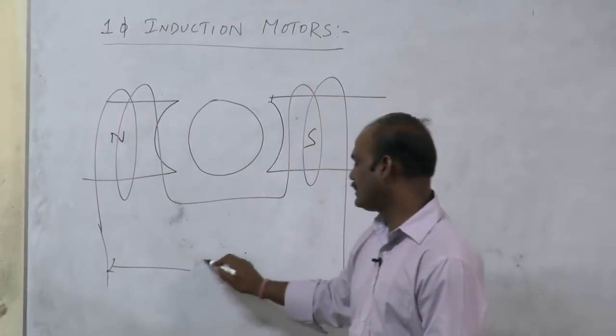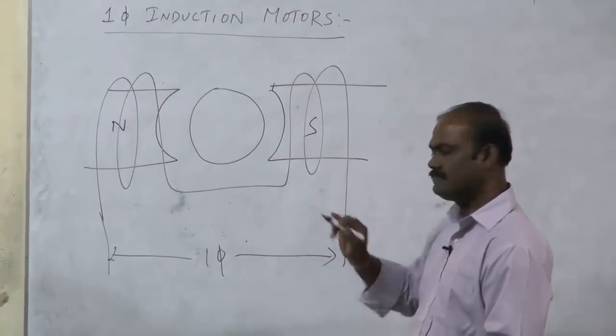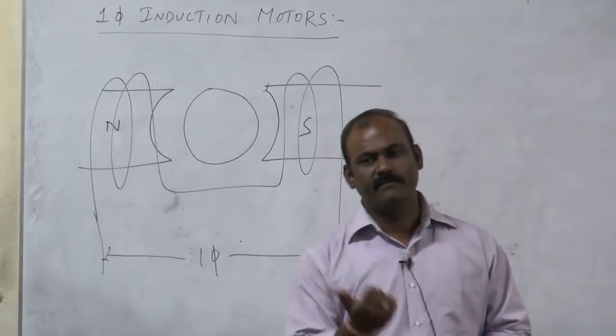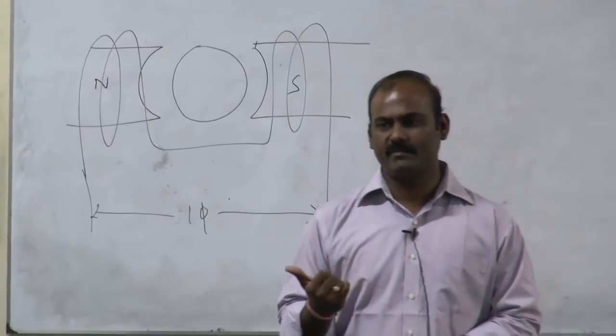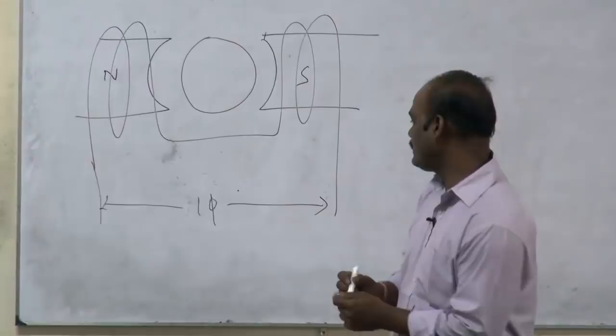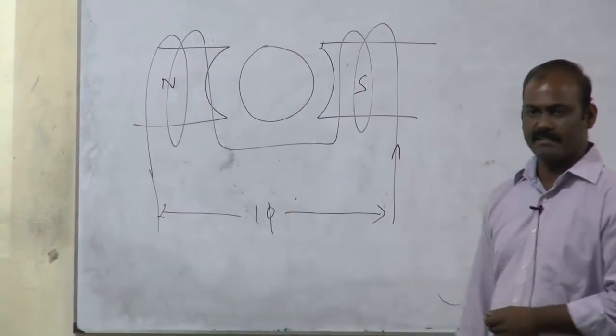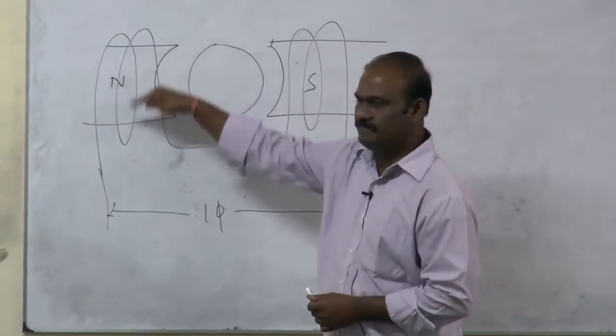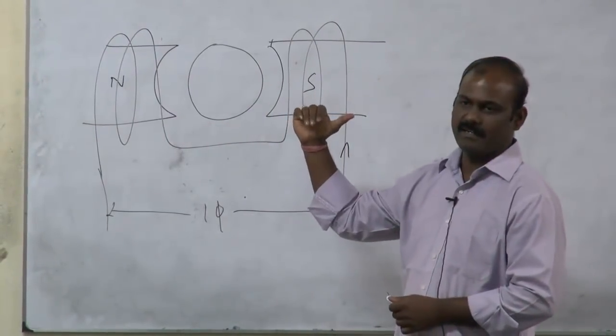Here you will give a single phase supply, right. When you give a single phase supply, you can find from the right hand thumb rule, from the current direction you can find the flux direction also. Let us say the current is like this, right. So current is flowing like this.